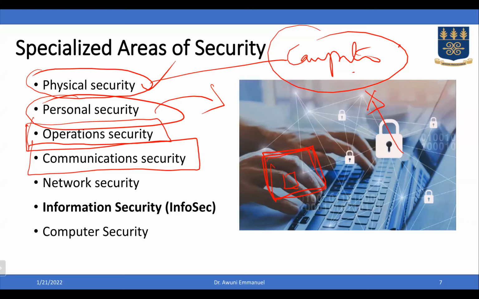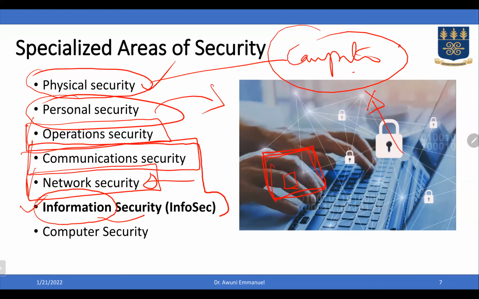Then we also have network security, which technically also focuses on the network. And then we have information security. Even though information security is mostly concerned about the information, you cannot talk about it without adding communication, network, and computer security.